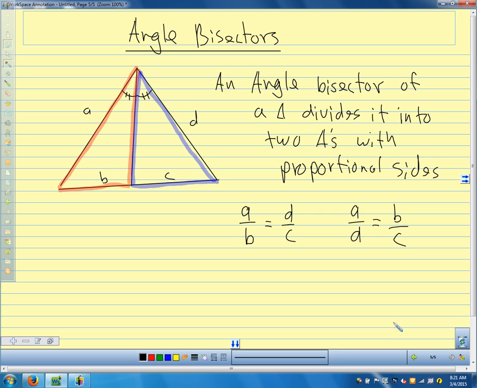If we look at these, we can see we get the same thing when we cross multiply. Here I get A times C, here I get B times D. A times C, B times D. However we set them up, we end up with the same thing when we cross multiply. It just gives us another way to set up a proportion. And our clue is this angle bisector, which divides the triangle into two smaller triangles where the sides are proportional.